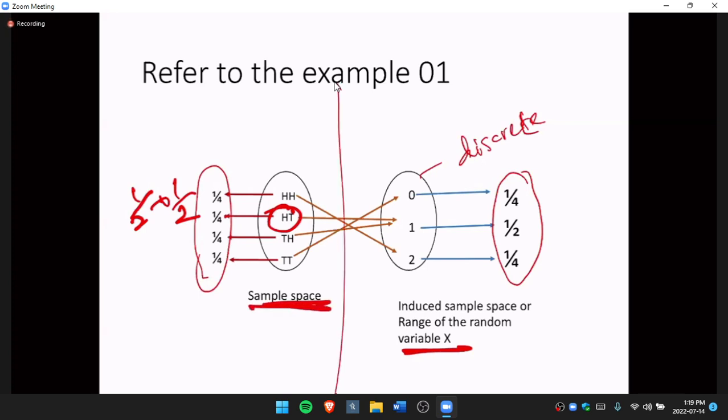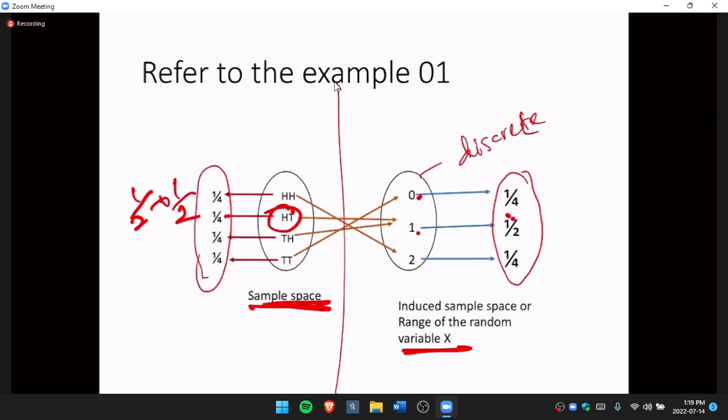Now look at the right hand side. Previously we had 4 sample elements, but on the right hand side in the induced sample space we have only 3 values. That means the random variable X can take only 3 values, 0, 1 or 2. Now what is the probability of getting 0 in that experiment? That is 1 over 4.